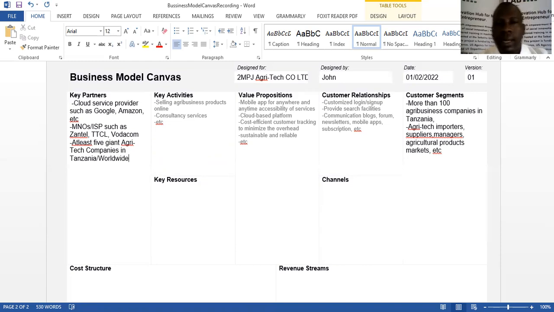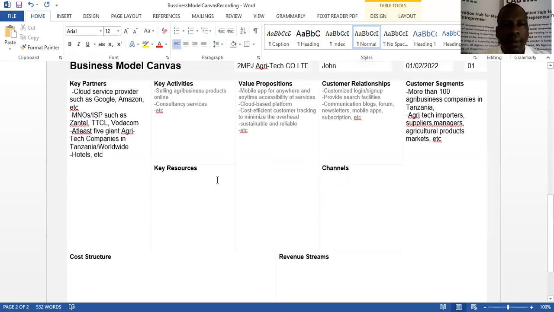So you can identify these companies, then you make normal procedures for engagement, and then later you can be able to partner with them. But also you can partner with hotels and agribusiness companies, and others. So this is how you can identify.